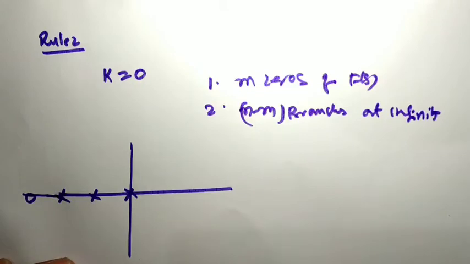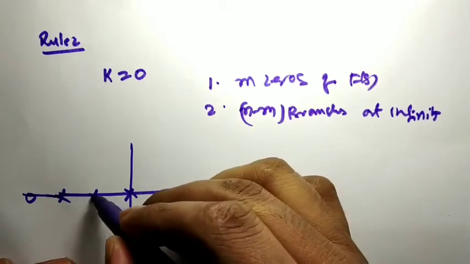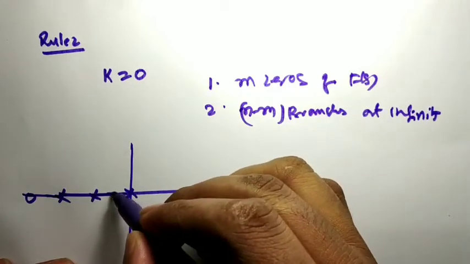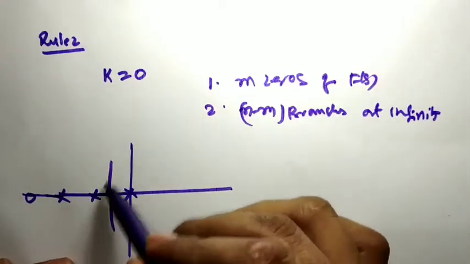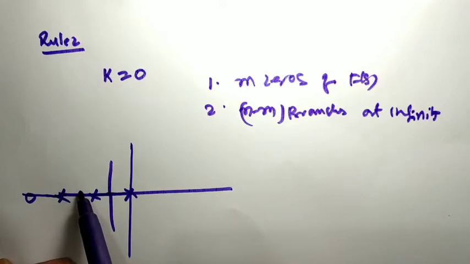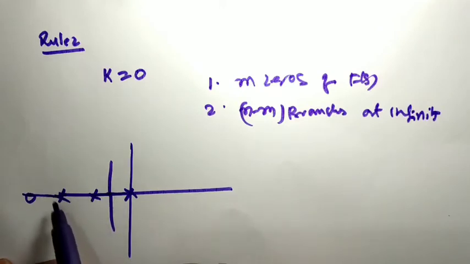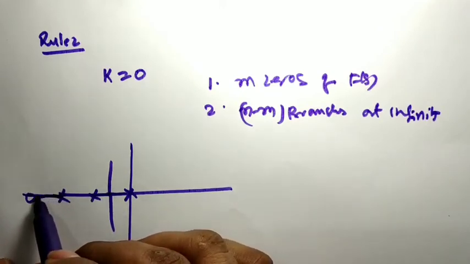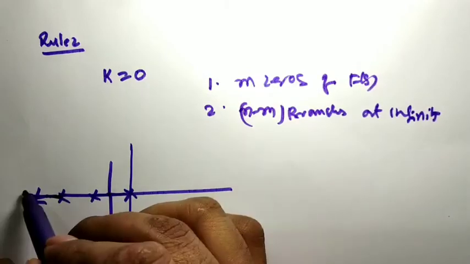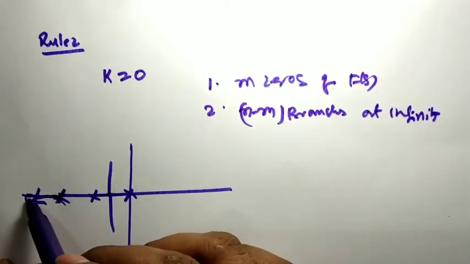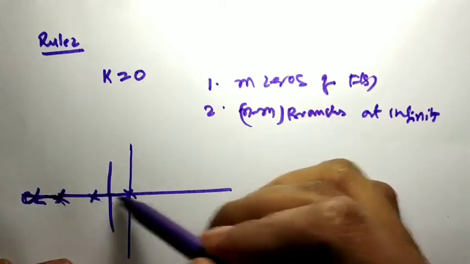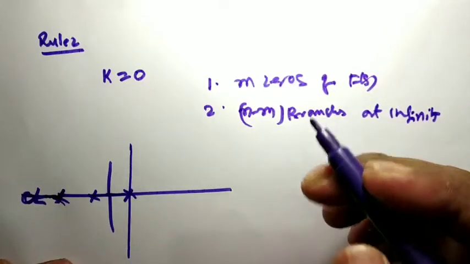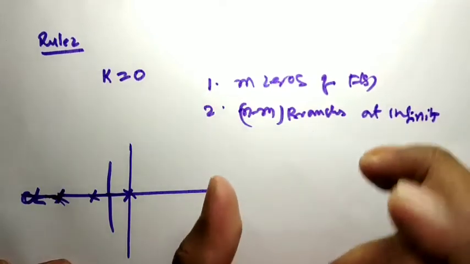As the K value increases, these roots move in this direction. This root will terminate at the zero. So these roots will terminate at infinity. So this is the second rule.